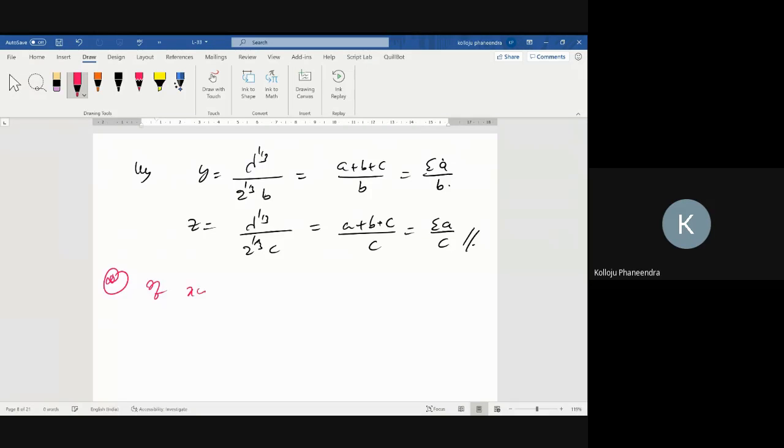If xyz equals 8, find the values of x, y, z for which u equal to 5xyz by x plus 2y plus 4z is a maximum.